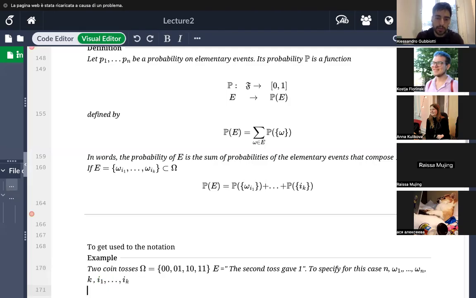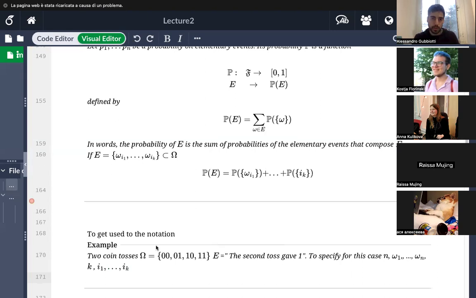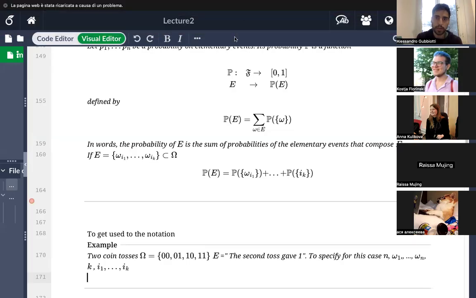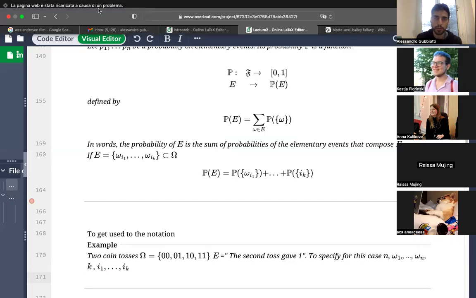So for this event E, what are these numbers i1, ik, what is k? Maybe I can give you 5 minutes to do this exercise, if you agree.